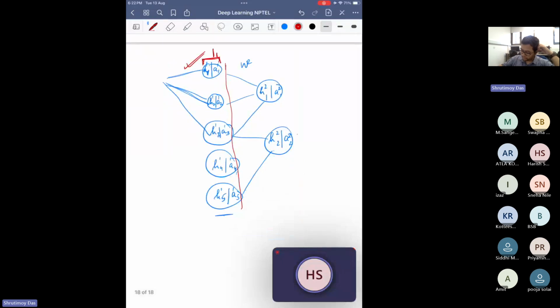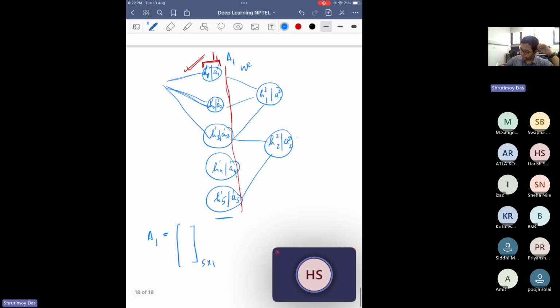Now here at this point, we have this vector a1. What is the size of a1 again? It is a vector of size 5 cross 1, right? Now I want to multiply it with some weight w2.